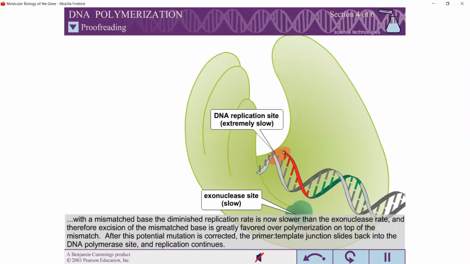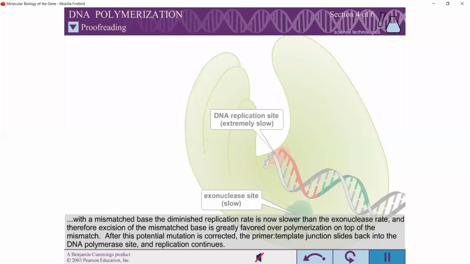The moment the mismatched base is removed from the 3' end, the exonuclease activity stops, and the primer template junction then moves to the polymerization site and DNA replication continues.